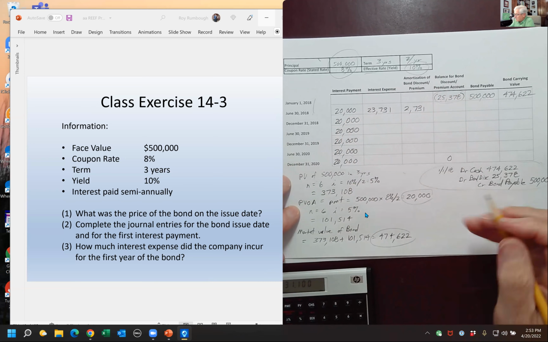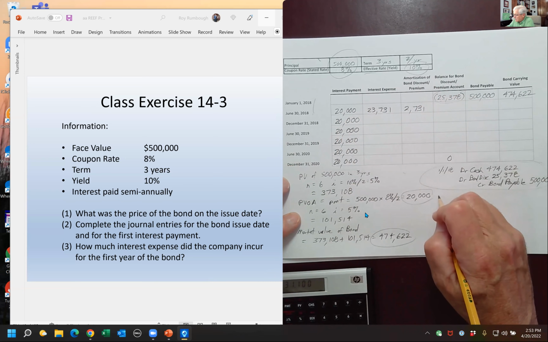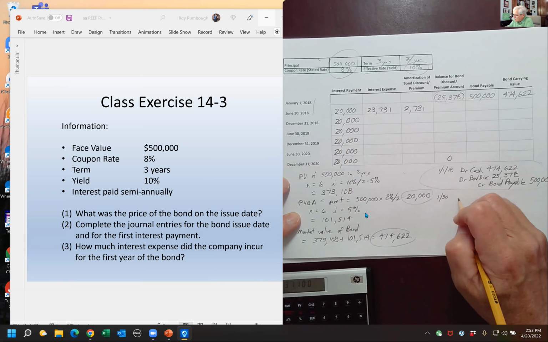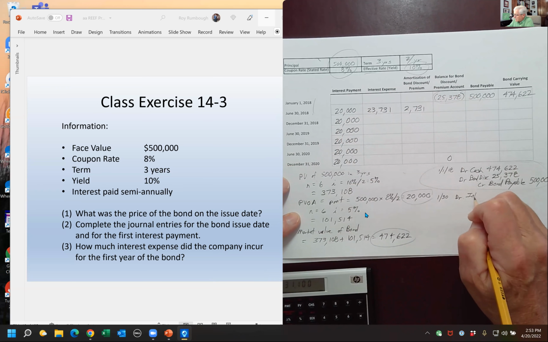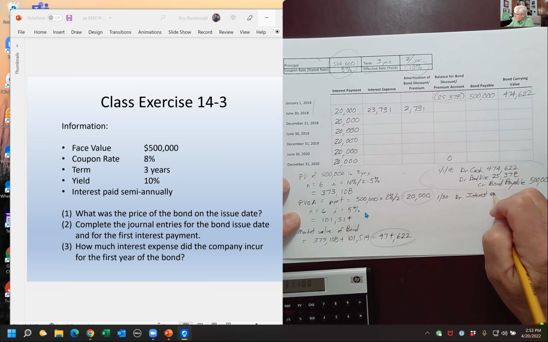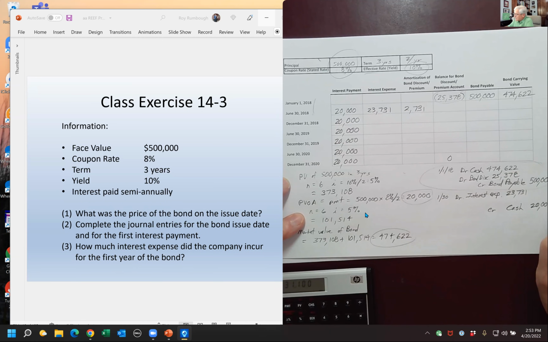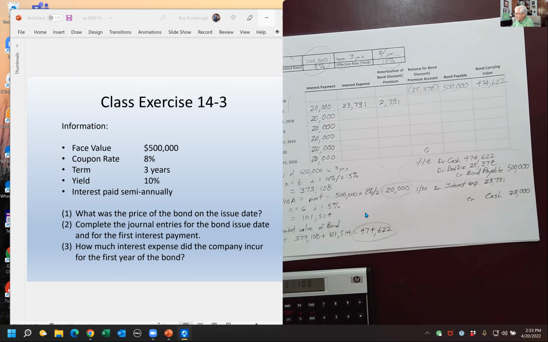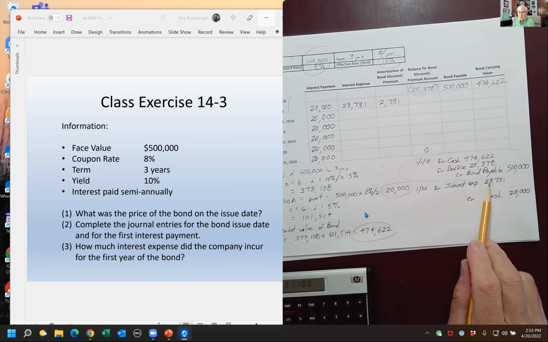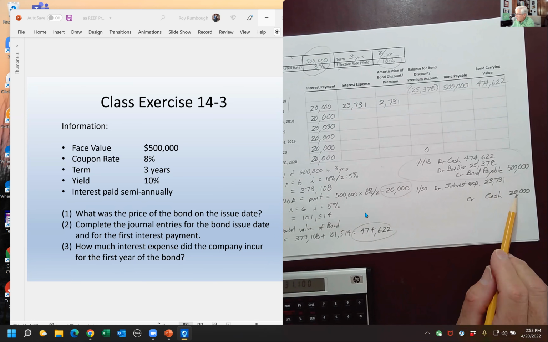Let's do that journal entry so it helps clarify what's going on here. So on June 30th, we're going to debit interest expense for what we calculated, 23,731. We're going to be crediting cash for how much we paid, 20,000. And see how different this one is than the premium example, because here we need a credit. Our debits equal 23,731, but we need a credit.